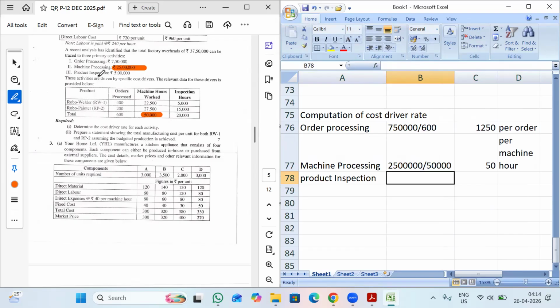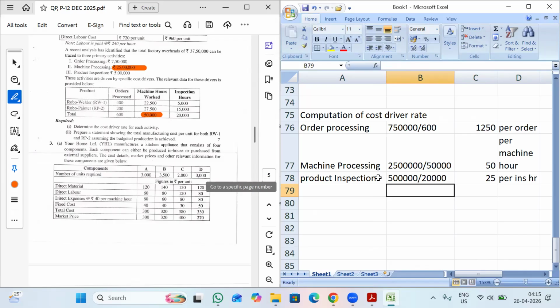So here my product inspection cost is 5 lakhs and total inspection hours is 20,000 hours. So 5 lakhs divided by 20,000, 25 rupees per inspection hour. So now I have computed the cost driver rate. Now let's compute manufacturing cost. So the first question, we have computed cost driver rate for each activity. So let's move on to the next question.